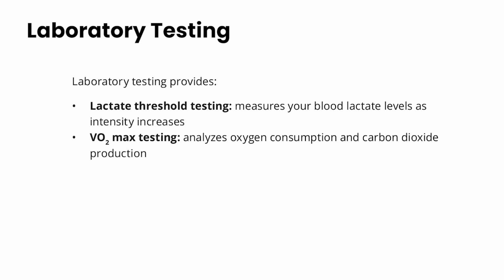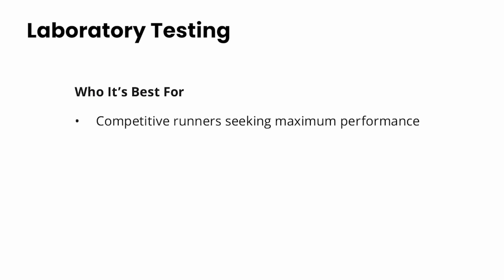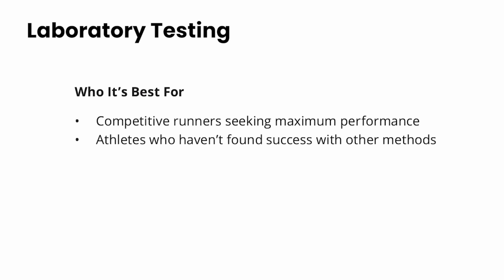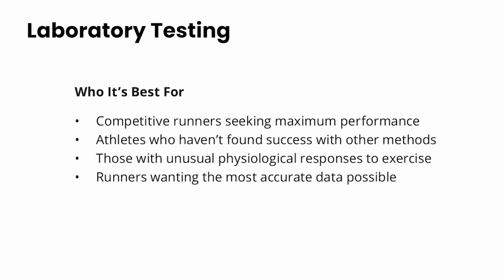VO2 max testing analyzes your oxygen consumption and carbon dioxide production. And detailed personalized heart rate zones based on your unique physiology. Who it's best for: competitive runners seeking maximum performance, athletes who haven't found success with other methods, those with unusual physiological responses to exercise, and runners wanting the most accurate data possible.